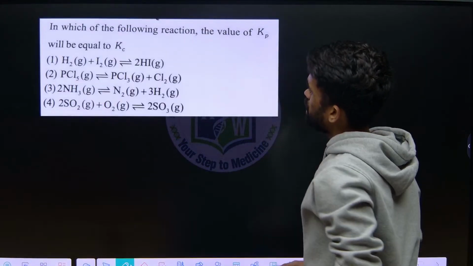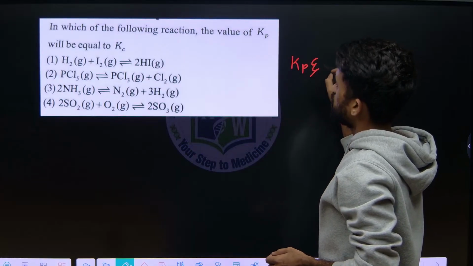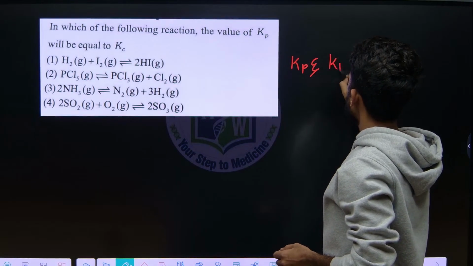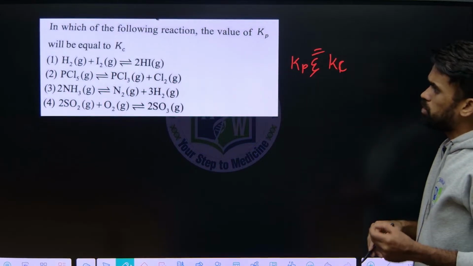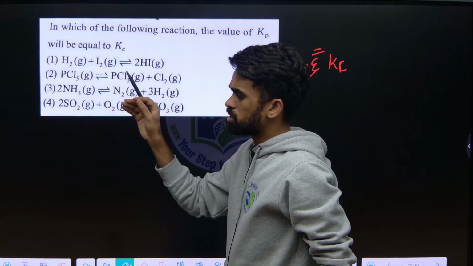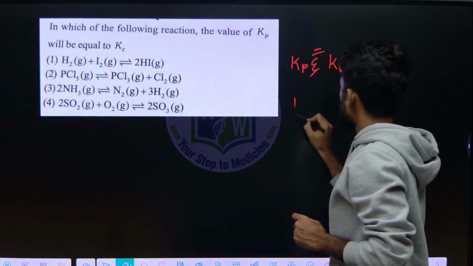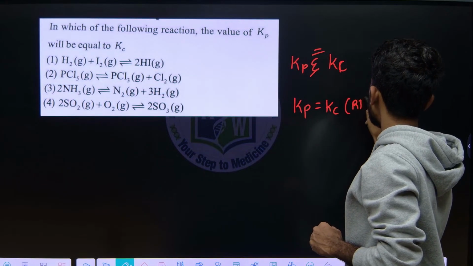Next, look at this. In which case are Kp and Kc equal? Just look at what to do. The given substances involve gaseous reactants or products. What is the relation? Kp is equal to Kc (RT) power delta Ng.